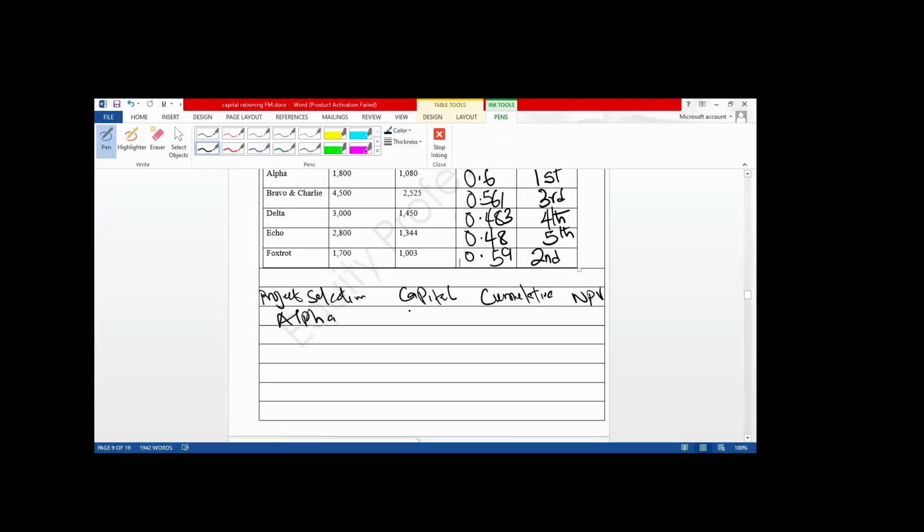That will cost us capital required 1,800, cumulative 1,800. NPV of project Alpha 1,080. We move to project Foxtrot. Capital required 1,700, cumulative capital 3,500. NPV of project Foxtrot 1,003.